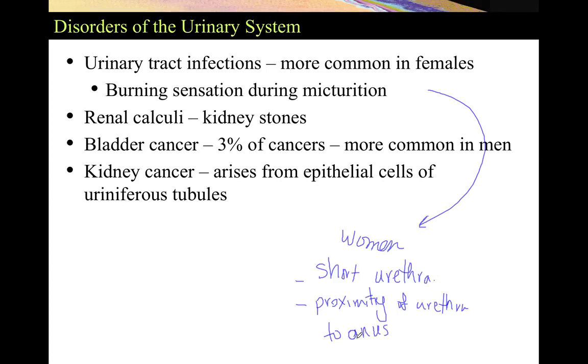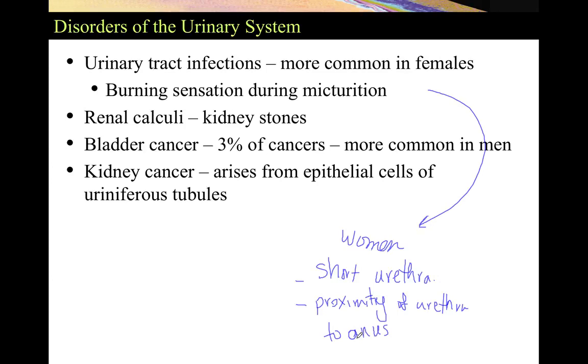Another medical condition is renal calculi, which is basically kidney stones. We'll discuss this in more detail in the second PowerPoint. Same thing as UTI, you have more detail on the UTI on the next PowerPoint. And lastly, we have kidney cancer, which is typically associated with the epithelial cells.